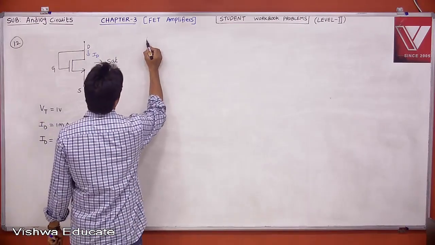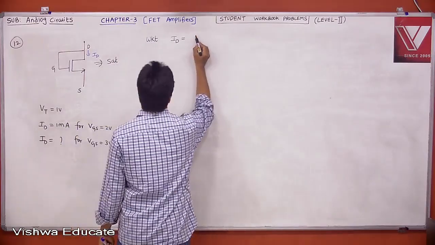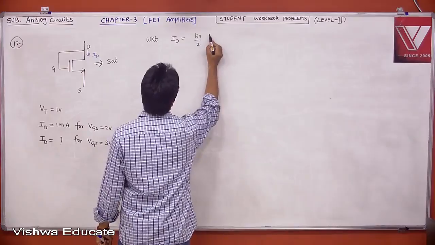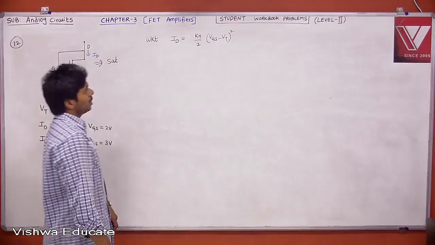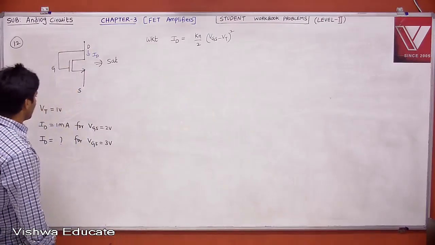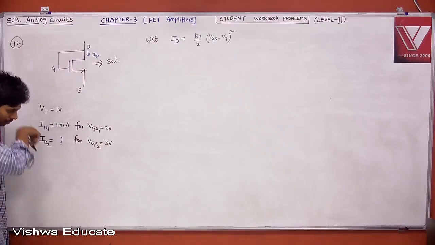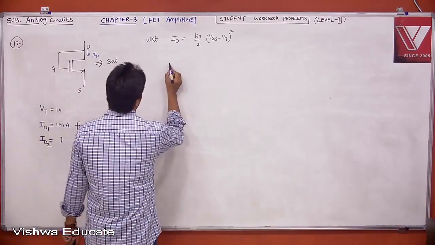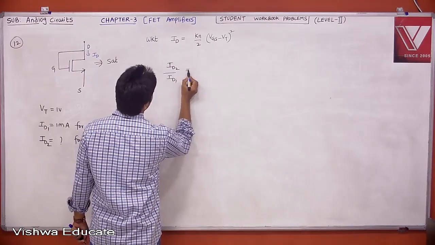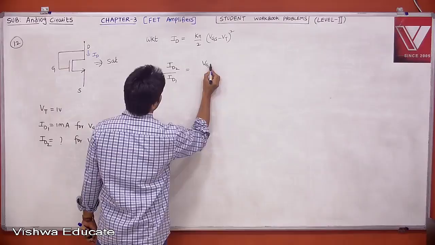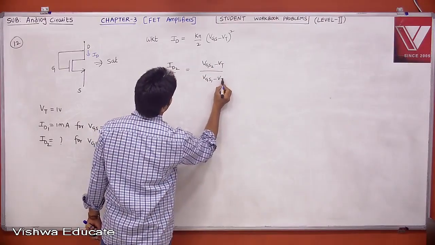Now we know that when the transistor is in saturation, ID is equal to Kn by 2 into VGS minus VT whole square. Let me call this ID1, VGS1, ID2, VGS2. If I do ID2 divided by ID1, Kn will be cancelled, then it is VGS2 minus VT divided by VGS1 minus VT whole square.